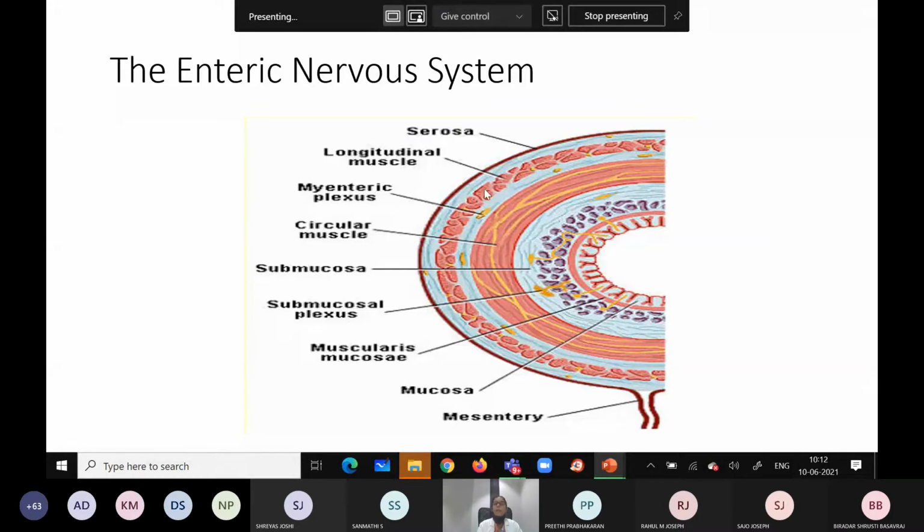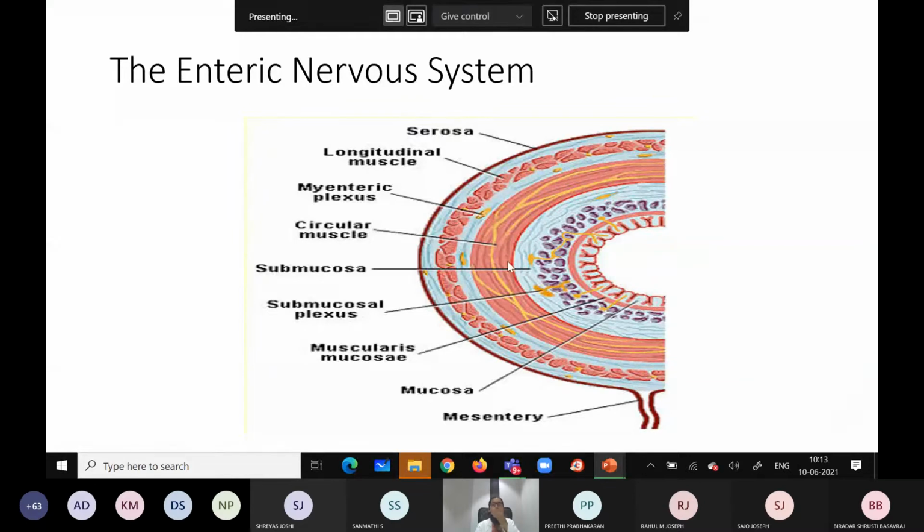They are in between the longitudinal muscle layer and the circular muscle layer. I think now it is very clear. These are the submucosal plexus or Meissner's plexus, which are in the submucosal layer, and these are the myenteric plexus, present in between the longitudinal muscles and circular muscles.